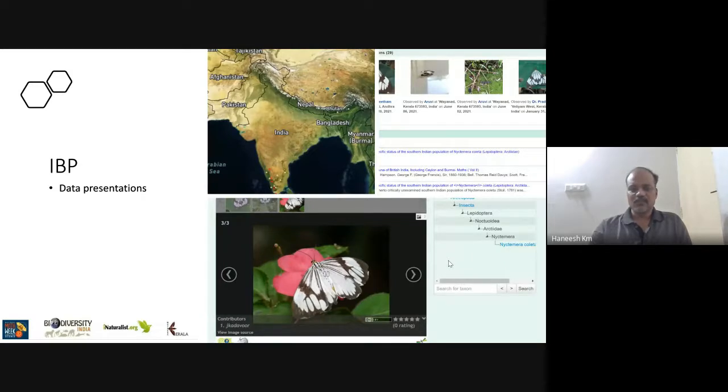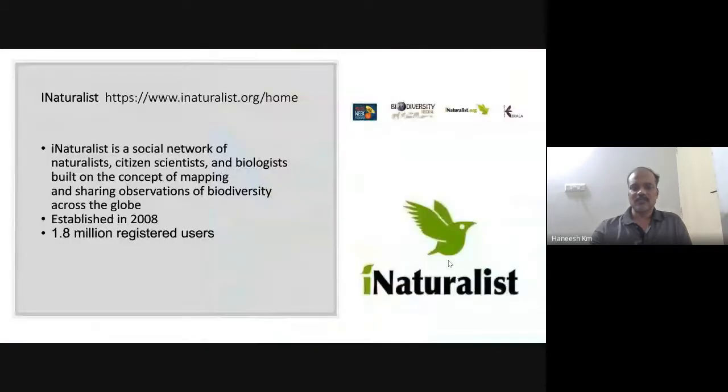It's a good resource not only for amateurs but also for researchers. They can come and check and verify whether the species is actually here, or whether somebody has misidentified it. So that's the second one.